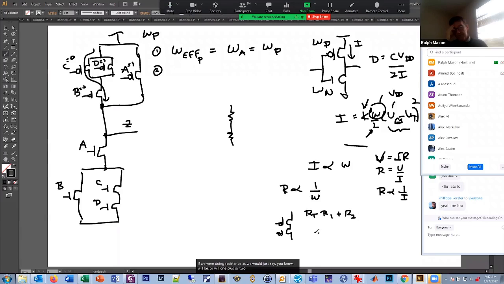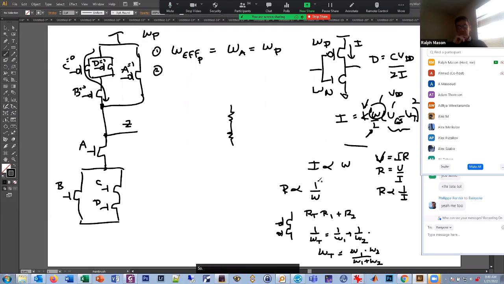But for conductances or widths, it would say 1 over W total equals 1 over W1 plus 1 over W2, right? Or we can say W total equals W1 times W2 over W1 plus W2, right? So in series, the widths add up like conductances.